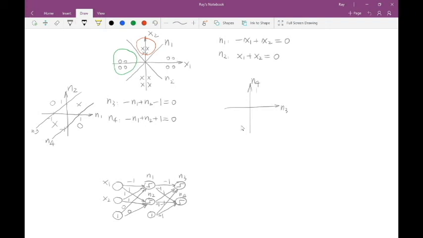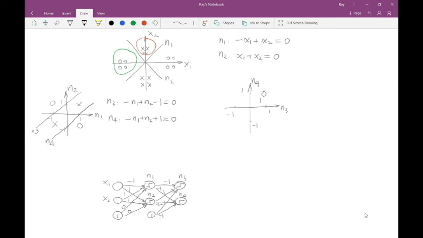For all the points above line N3 and line N4 in N1, N2 space, we get +1 and +1 at nodes N3 and N4 in the neural network, and they belong to the circle class. So we draw a circle. For all the points below line N3 and above line N4, we get -1 and +1, and they belong to the cross class.